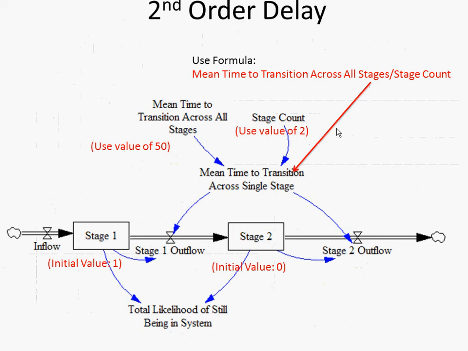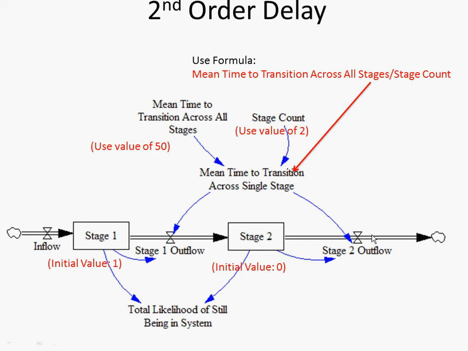Instead of just one delay, a first order delay, we'll have two, or three. But we're trying to normalize for it, to keep invariant the average time to go from entering the system, this inflow on the left, to this outflow on the right.